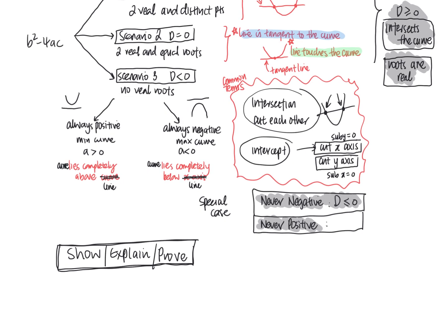For example, let's say after you find your discriminant, maybe let's not use x, let's use k. They always like to use k. So you found that your discriminant ends up being a quadratic expression.